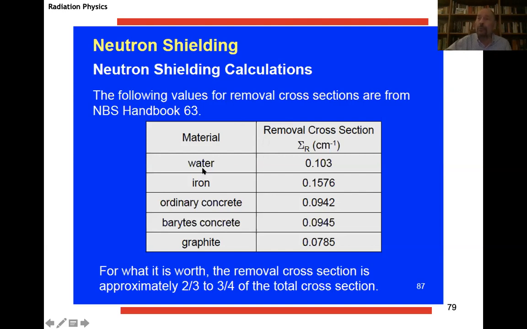But that's because water is very much rich in protons. It's as free protons where the neutron can easily interact. So the cross-section per unit mass turns out to be higher for the light elements like water.